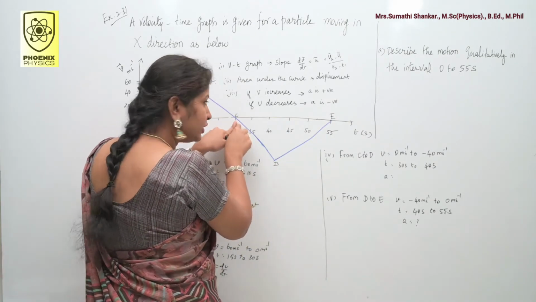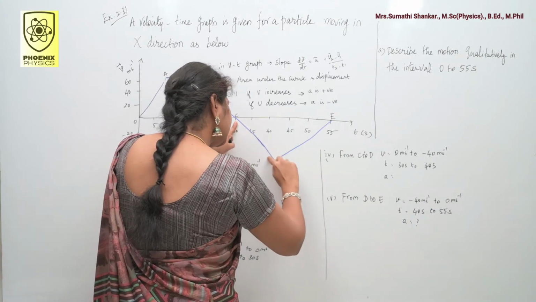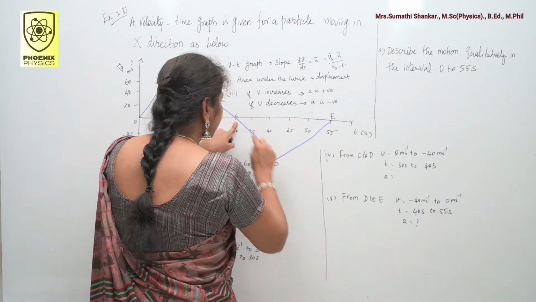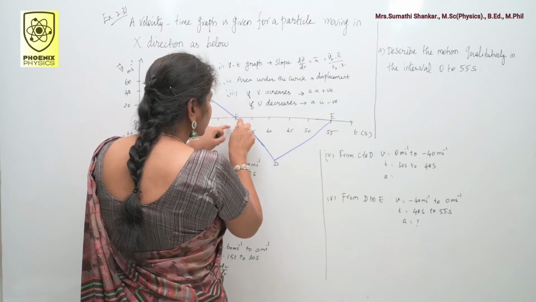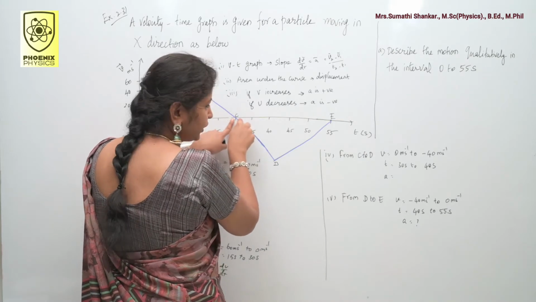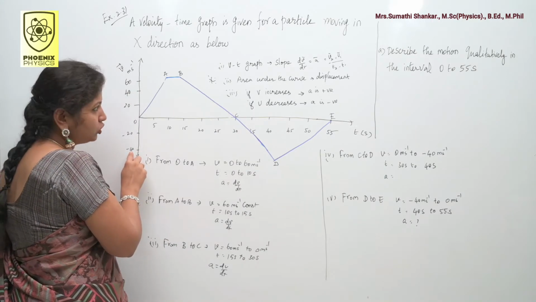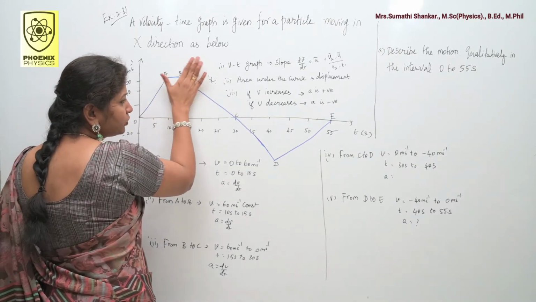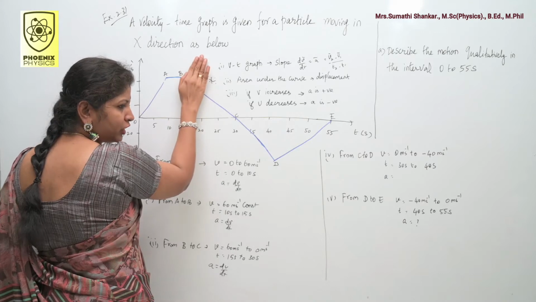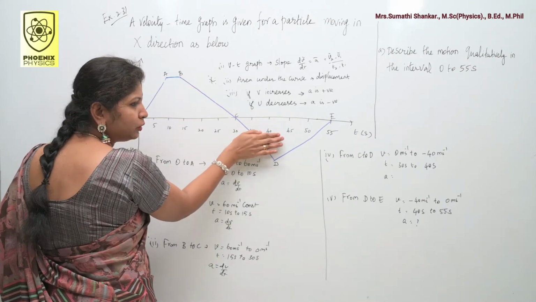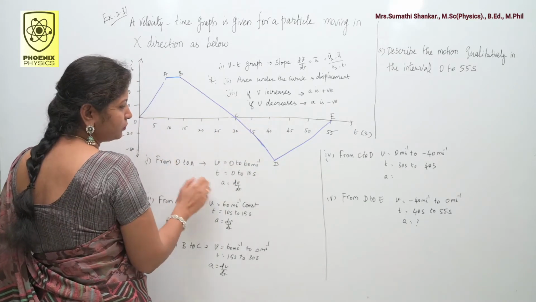After reaching C, the velocity again decreases to D. Here the velocity is 0 meter second minus 1. Here minus 40 meter second minus 1. Here the particle moves in the positive x direction. Here the particle moves in the negative x direction.